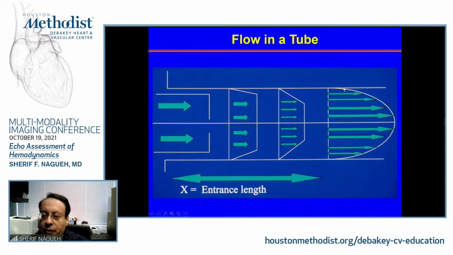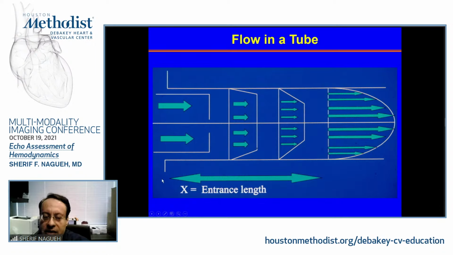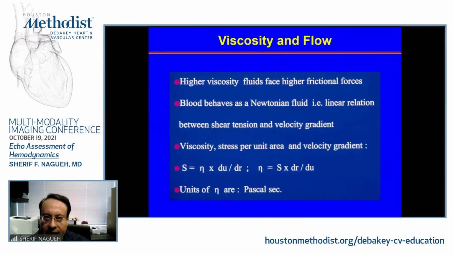And as you go from the outside to the inner core of this tube, you see velocity increasing. The distance over which this parabolic profile is formed is referred to as the entrance length.